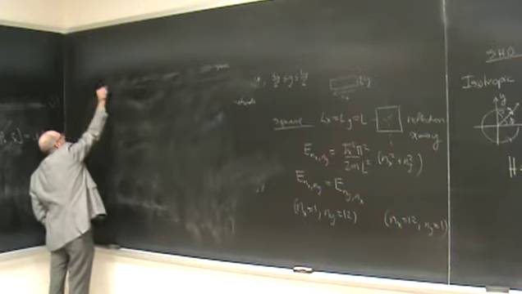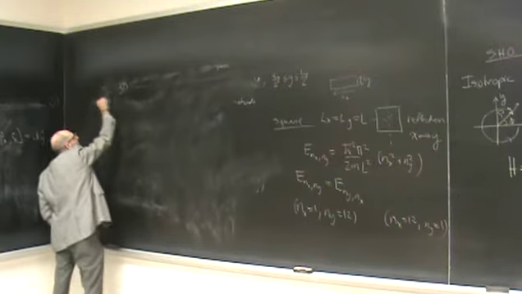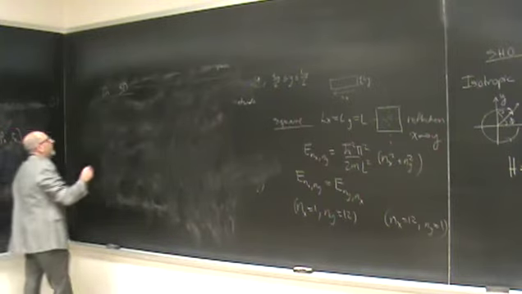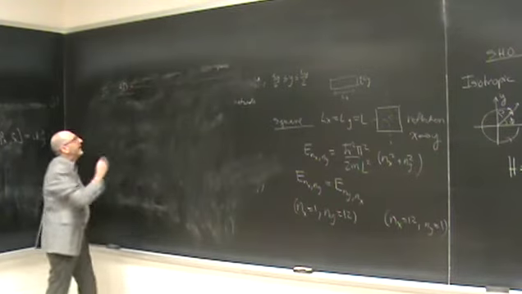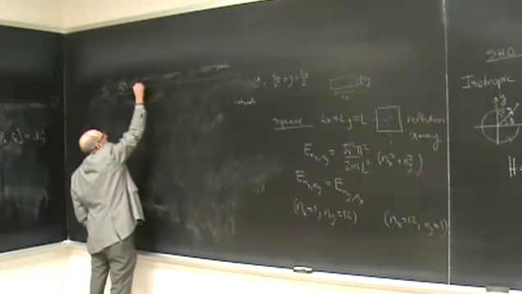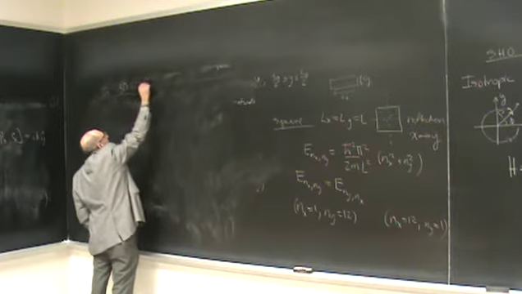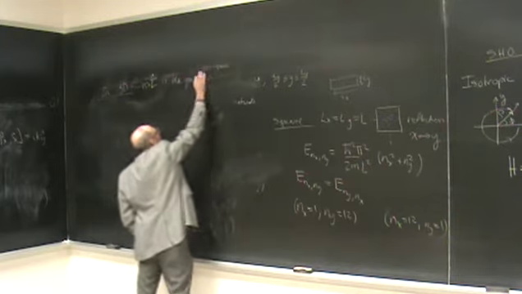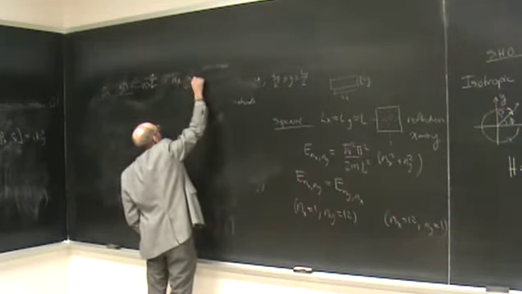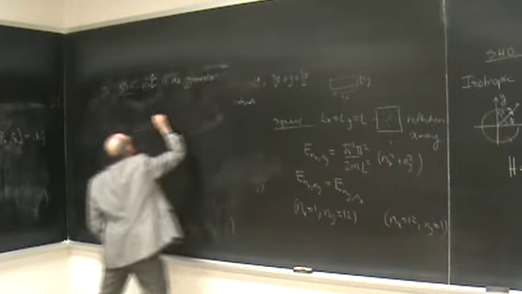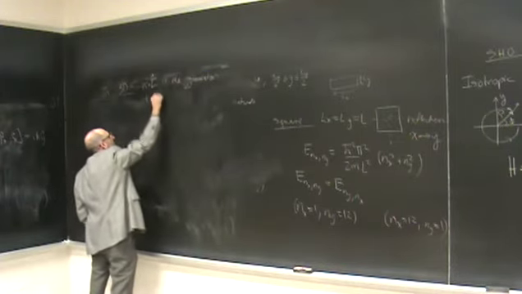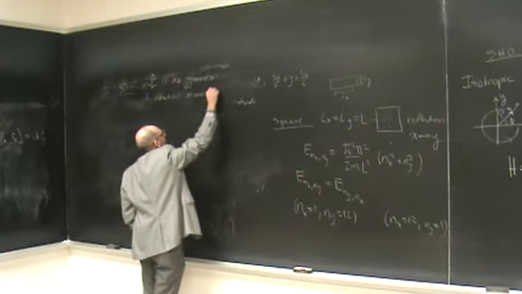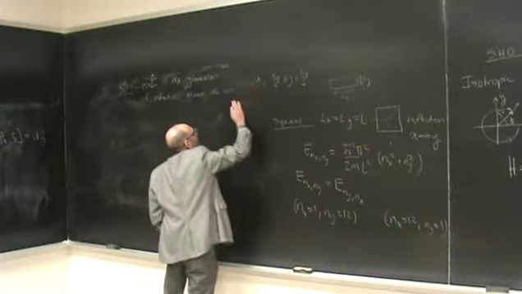So, 3 dimensions. Let's say I have, what I want to define now, what I claim is that n dot L is the generator of rotations around the axis n.